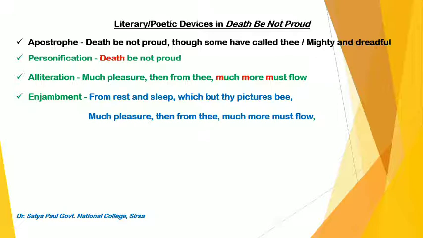So enjambment is from rest and sleep, which but thy pictures be, much pleasure, then from thee much more must flow. So the idea, which begins with from rest and sleep, continues after the end of this line and moves to the next line, much pleasure, then from thee. So this is an example of enjambment.